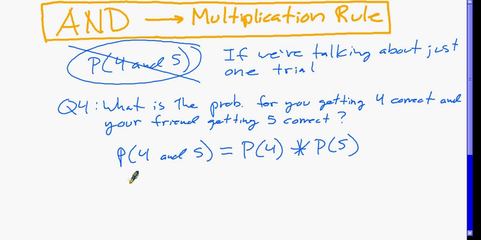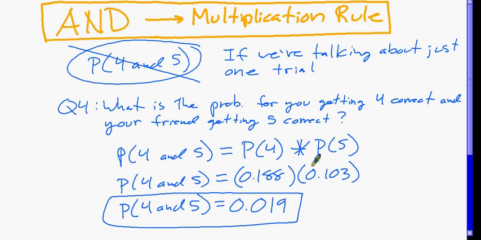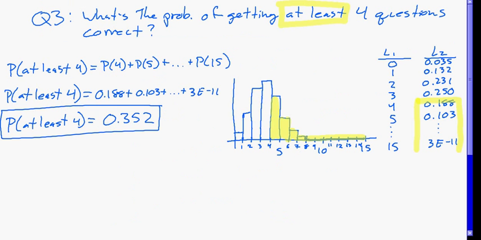So to see this worked out, it looks something like this. We have the probability of getting 4 right, the probability of getting 5 right, multiplication rule. And notice that you get a small probability. This is about 2% of getting both 4 and 5, which is quite different than when we were talking about the addition rule.